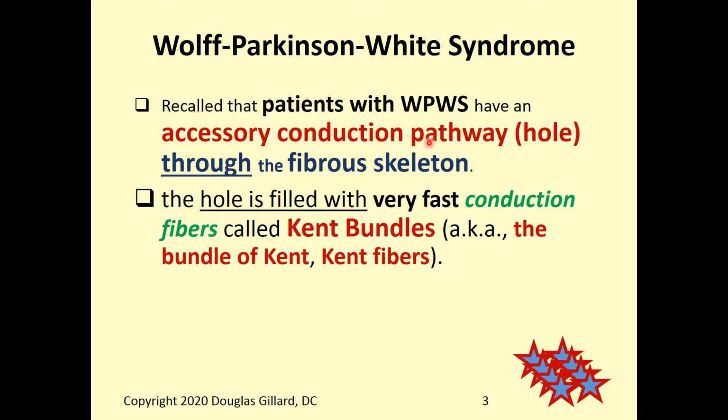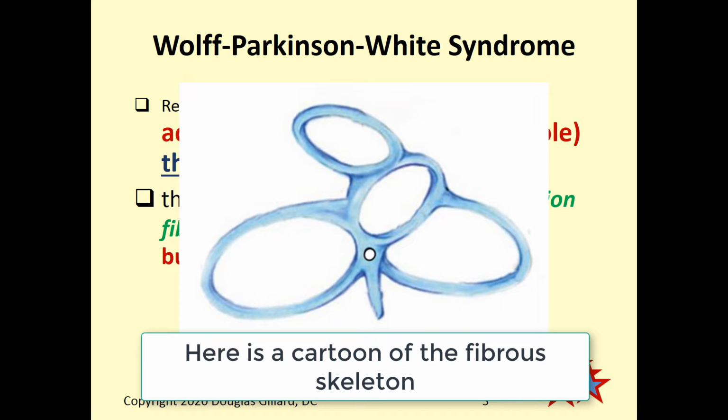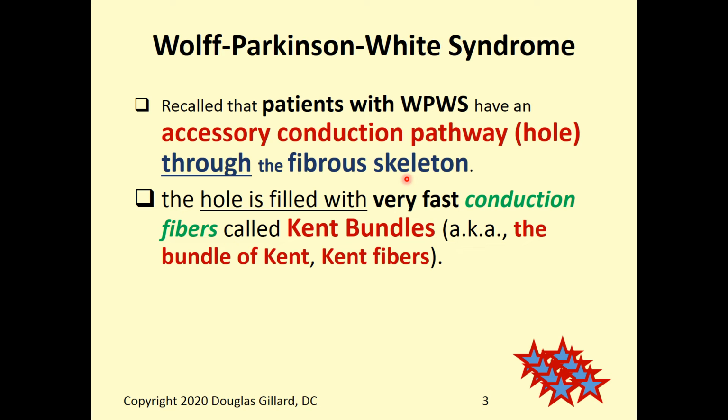And we talked about the accessory conduction pathway in the fibrous skeleton. Even before that, we talked about the fibrous skeleton. It's kind of like a gasket, if you know what a gasket is, like a head gasket on a car. It separates the atria from the ventricles, but it has holes in it where the AV valves and the semilunar valves pass.